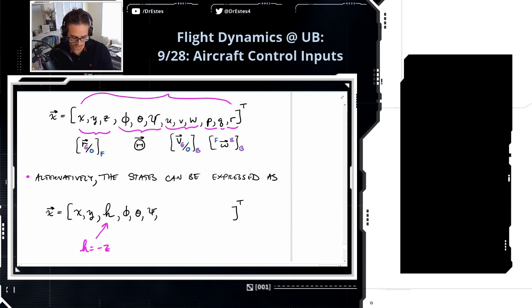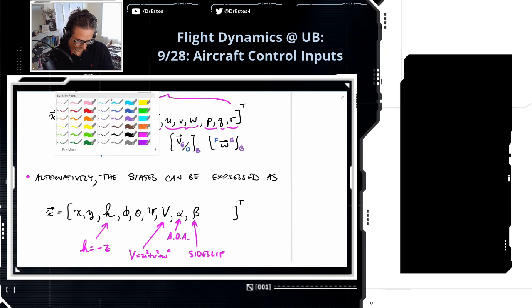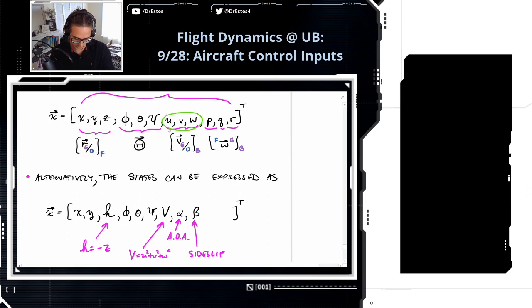But instead of u, v, w, we might use the overall velocity, the magnitude of the velocity, the angle of attack, and the side slip angle. So V equals the square root of u squared plus v squared plus w squared, then angle of attack, side slip. It's kind of up to you, because these variables are all related to each other. You can just choose one set or the other. And then p, q, r.